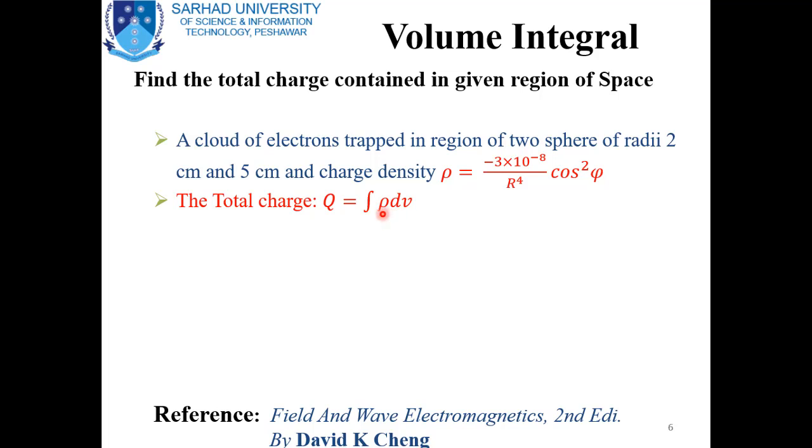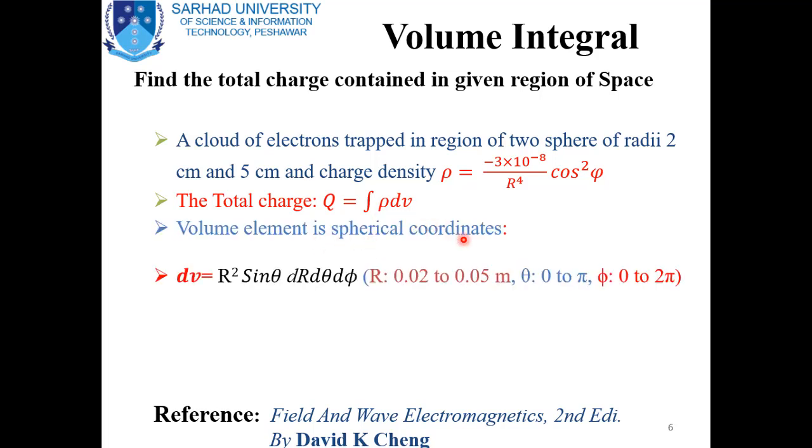We can put the expression for the charge density here, and the volume element in spherical coordinates is given by r square sin theta dr d theta d phi. This volume element has been discussed in our previous lectures.